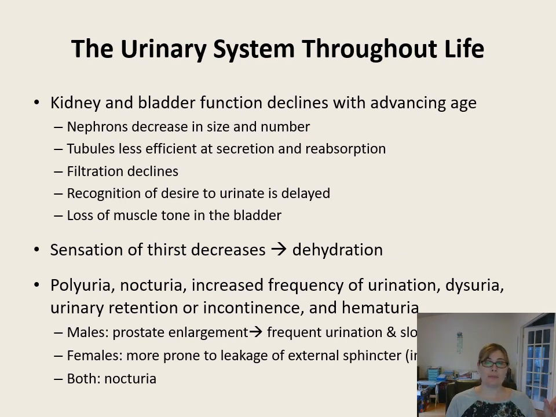Dysuria means difficult or painful urination, or labored urination. Urinary retention, so you could be holding urine. If there are stones, you could have cystic stones where there might be stones in the bladder blocking the urethra. Incontinence, so inability to hold the urine. Hematuria would be blood in the urine.